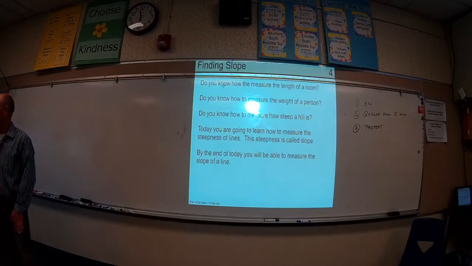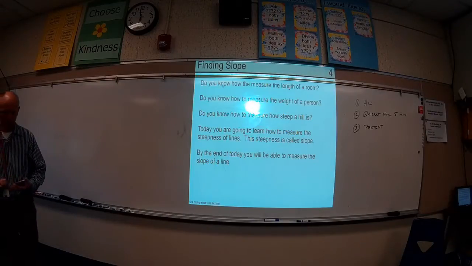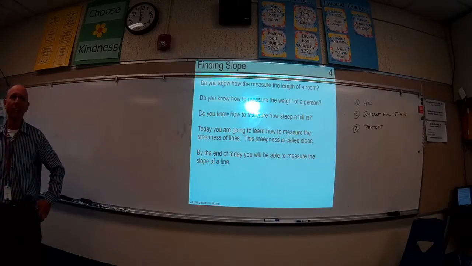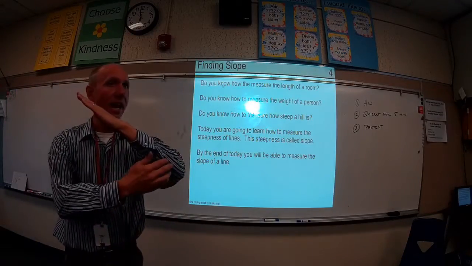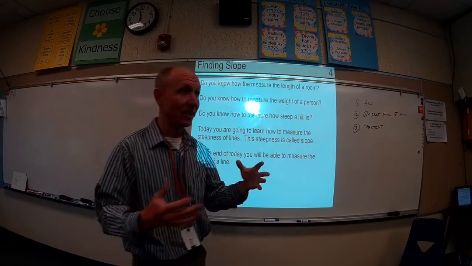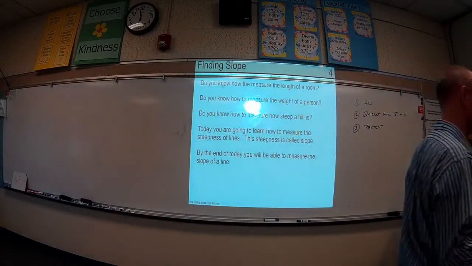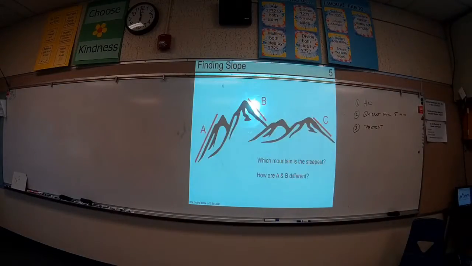Do you know how to measure how steep a hill is? No. So that's what we're looking at: a measure of steepness, how steep something is. That's a useful measure for comparing things and talking about things. By the end of the day, you're going to be able to measure the steepness of a line.